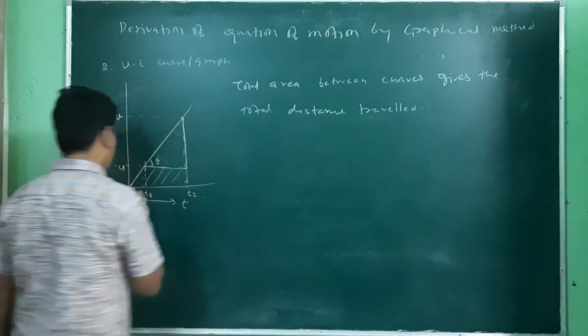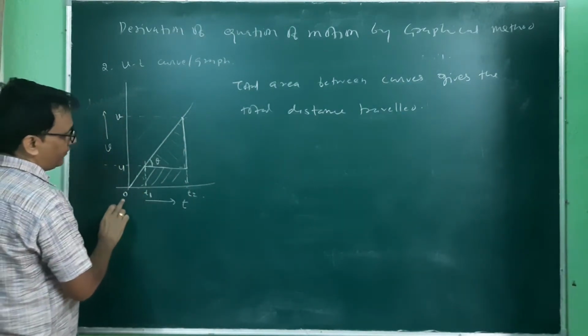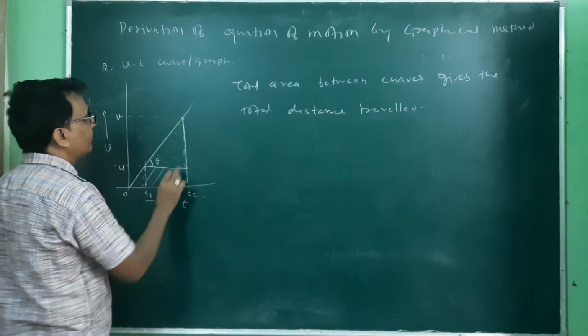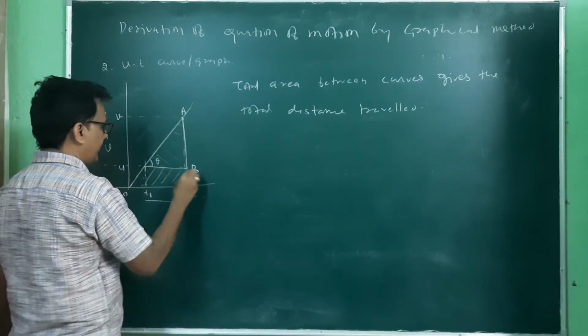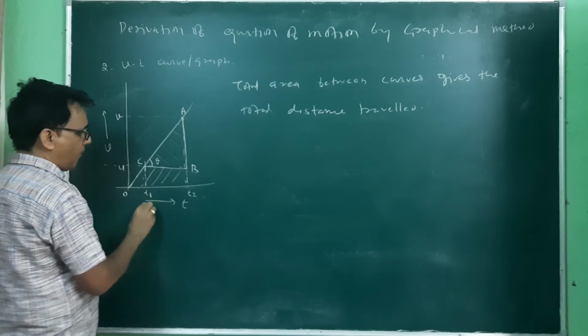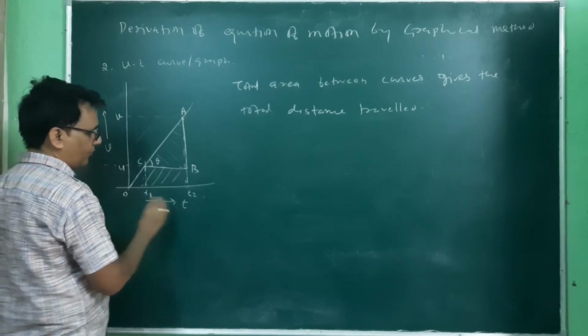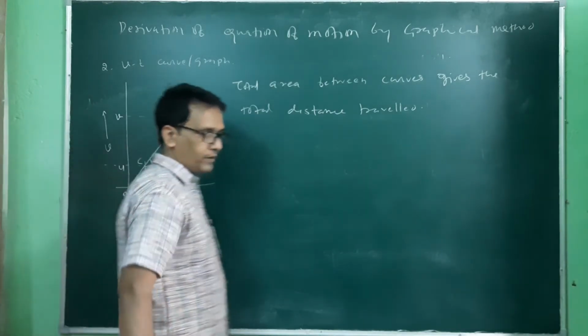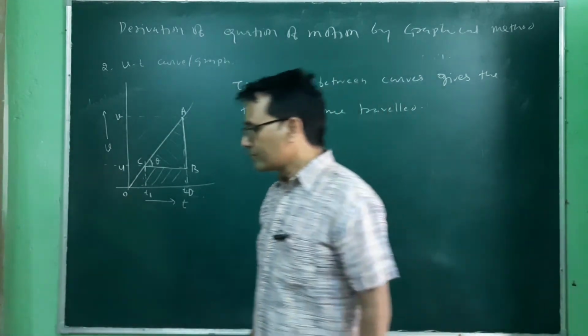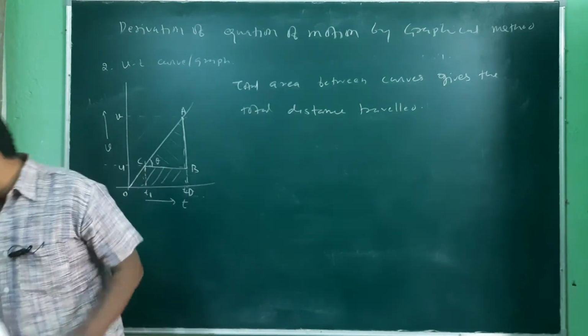So let me give the names: 0, this is T2, and here A, B, C, D, O. So calculate the area.